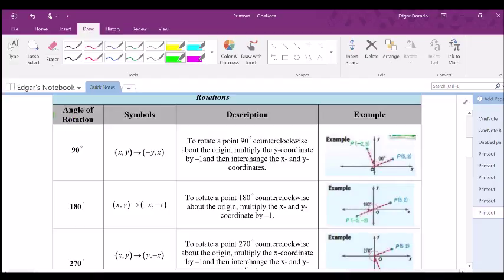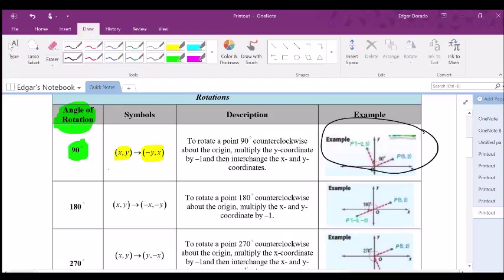Now, if my angle of rotation is 90 degrees, this is what happens. My x and my y, essentially, so you're going to go from x comma y, and then after that rotation of 90 degrees, you're going to end up at negative y comma x, okay? And actually right here on our diagram, they showed us a good example of that.